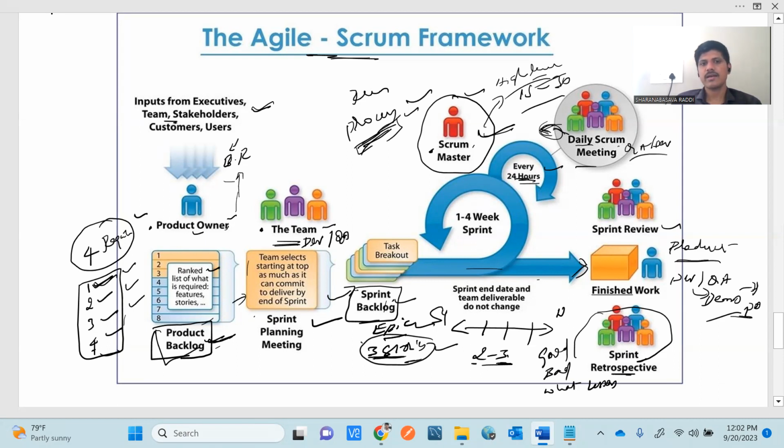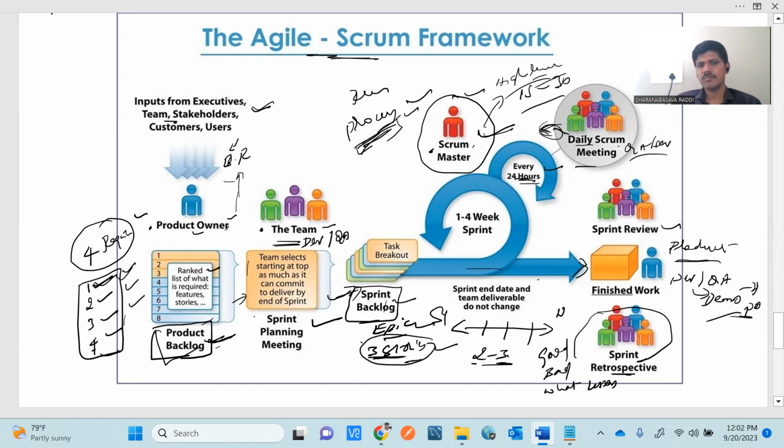Okay, once the product backlog is ready, there will be a sprint planning meeting. In this sprint planning meeting, they will decide which requirements, epics or stories from the product backlog can be taken into account for the current sprint and implemented as a part of it. After deciding that, they will go for the sprint backlog.